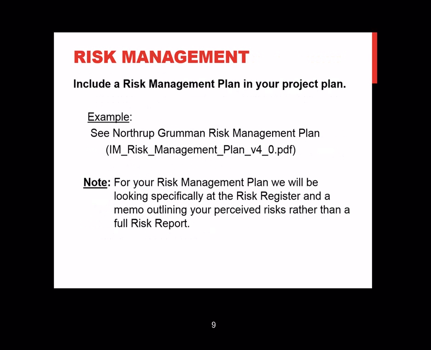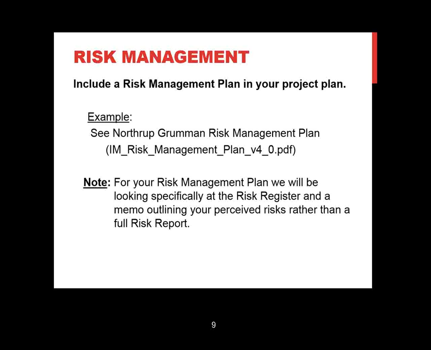So, risk management. Well, how do you put a plan together? Well, as mentioned earlier, we've got a great example of a nice risk management plan that Northrop Grumman put together. However, I'll note, for the assignment in 415 and 466, you don't have to write a full report like that. Instead, we want you to do the risk register, look specifically at that item, and get that filled out for your project.